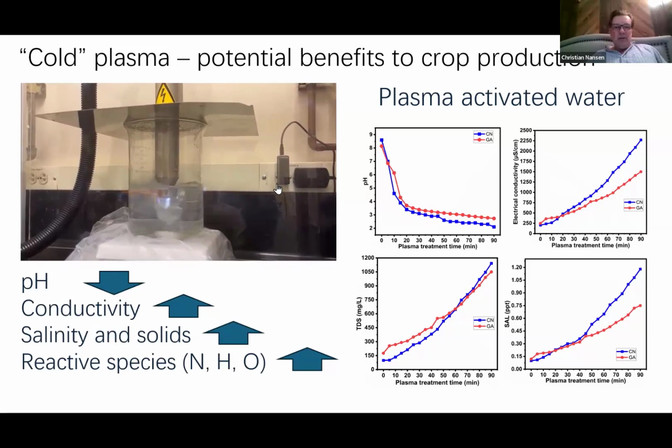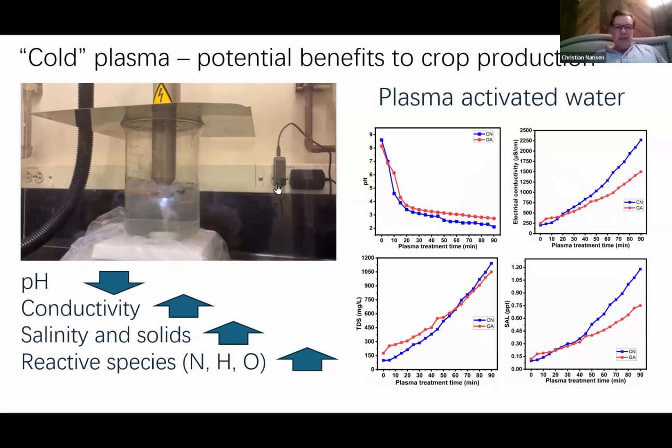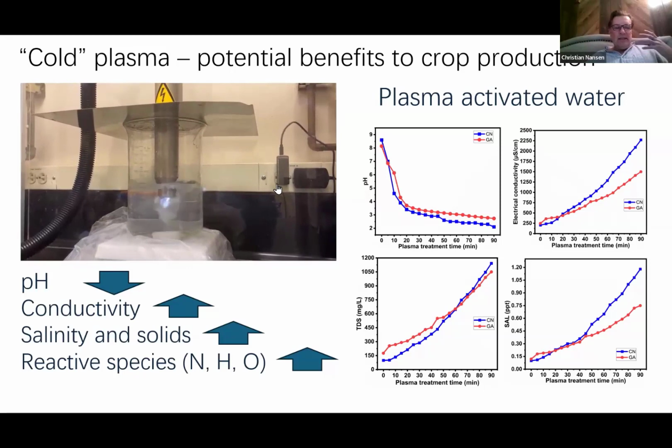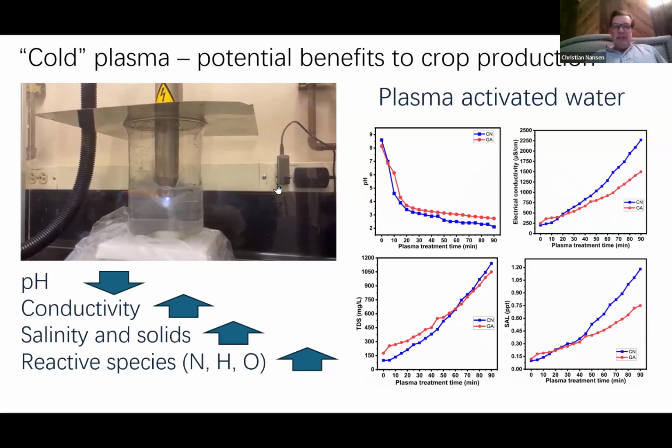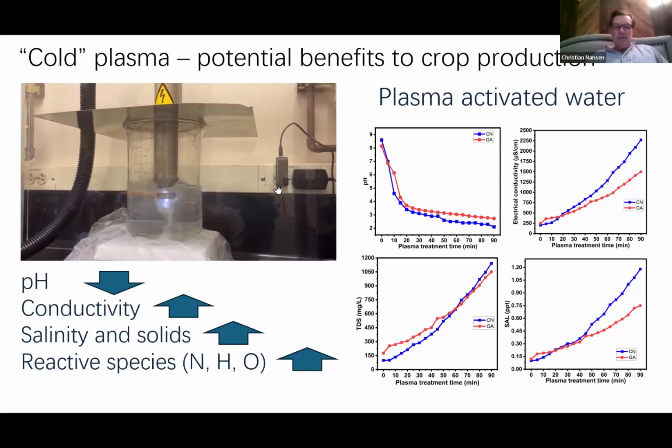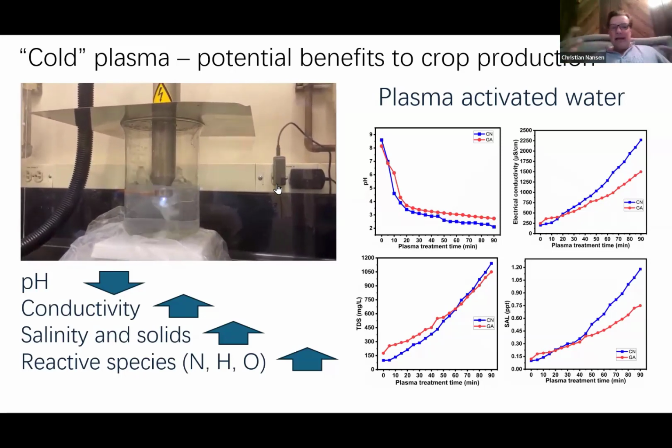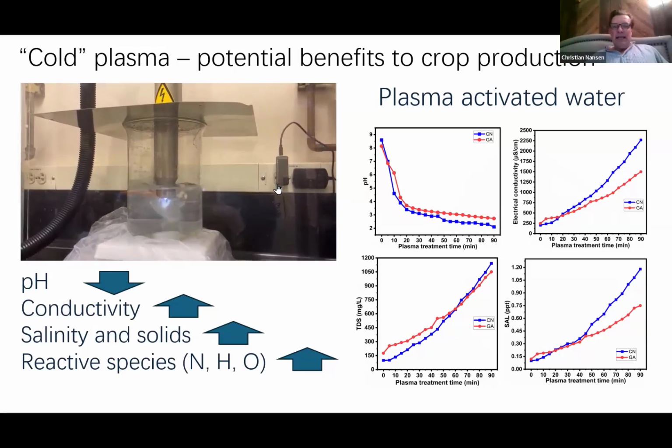We see a continuous increase in conductivity. We see that the solids and the salinity of the water really change, and we see that these reactive species that I was just referring to start appearing, and there's a lot of dynamics there that we are in the process of characterizing.